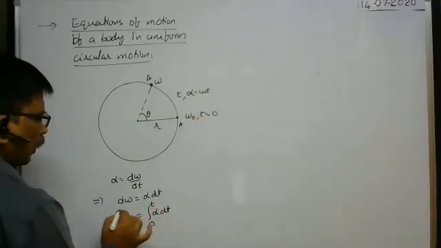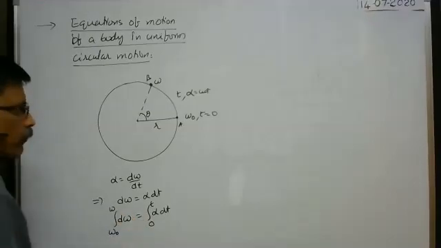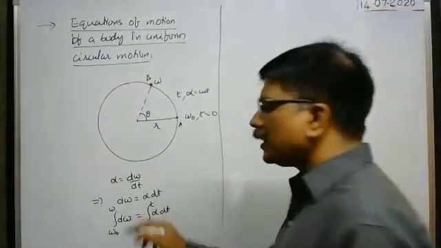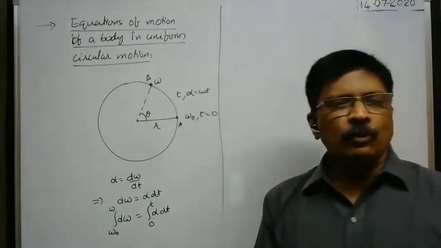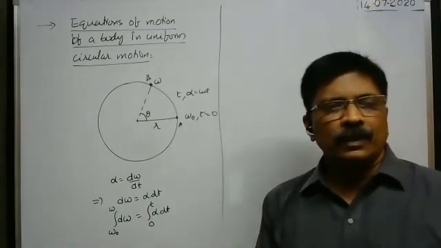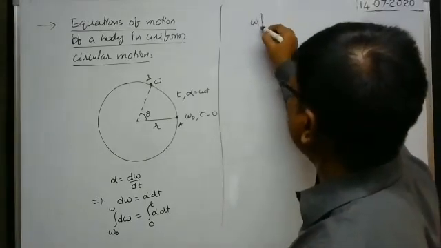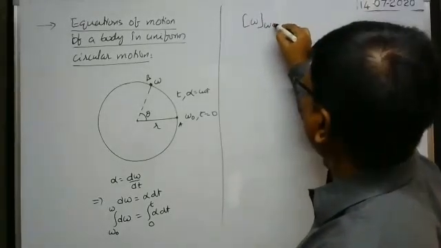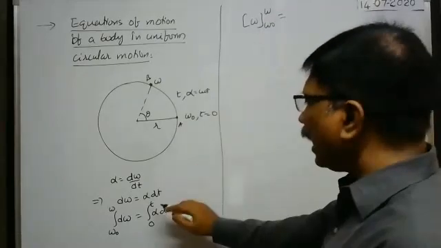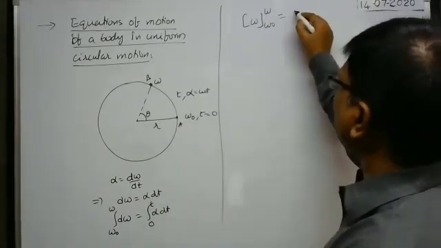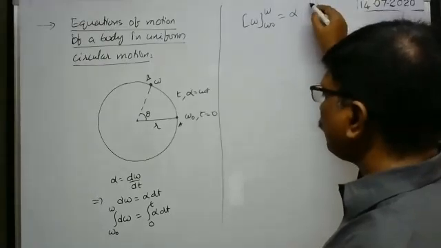After time t seconds, what is the angular velocity? Omega. Integral d omega is simply omega. That's why you write limits omega naught to omega is equal to alpha, which is constant, you keep aside outside the integration. Integral of alpha into integral of dt.